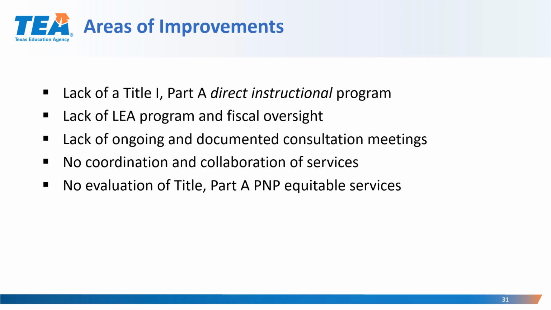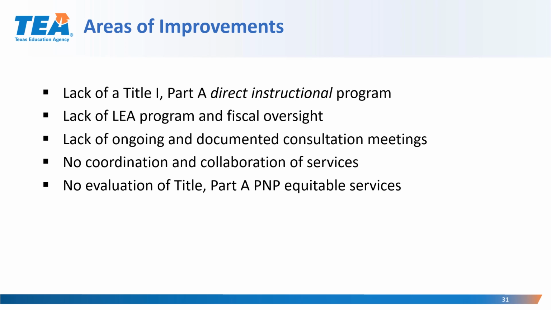Here are a few areas of improvement. There was a lack of Title I Part A direct instructional programs for some of the private schools that were receiving equitable services. Title I Part A may not simply purchase supplies and materials. It must be a direct instructional program.